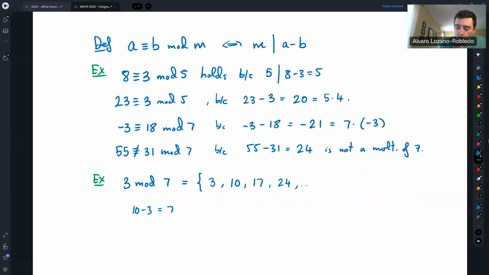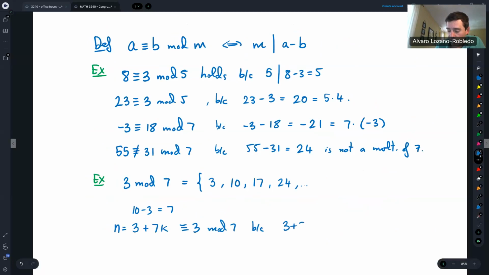And in general, if I add to 3 any multiple of 7, these will be congruent to 3 modulo 7, because 3 plus 7k minus 3 will be 7k, a multiple of 7, so those two numbers will be congruent.